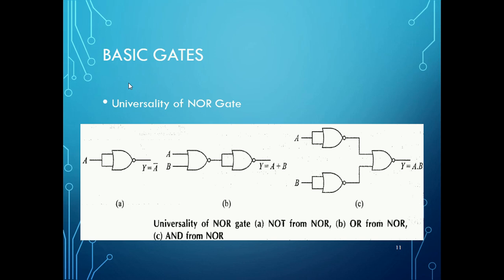That means you can get any basic gate. Basic gates are NOT gate, OR gate, and AND gate. So any kind of basic gate can be created using the NOR gate. That's why it's called a universal gate, the NOR gate.